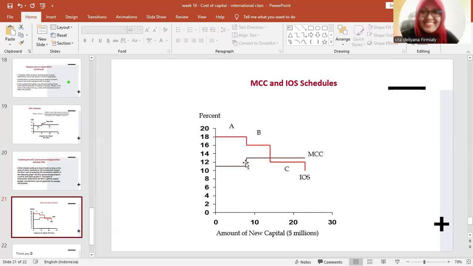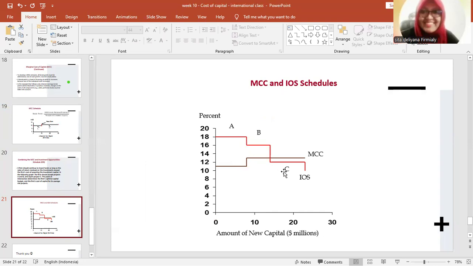You can see right here, the amount of new capital for A and B falls slightly higher than the MCC. Therefore, we can say it is fairly safe to take on these projects.